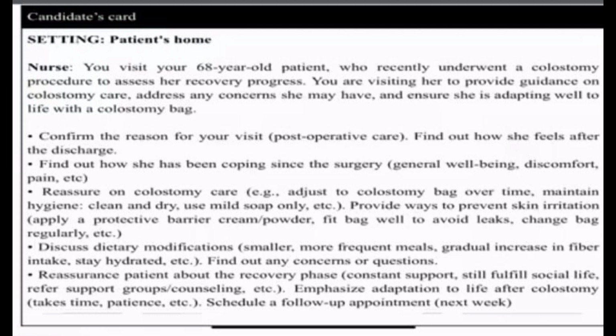Now I will tell you regarding the first task: confirm the reason for your visit, that is post-operative care, and find out how she feels about the discharge. Friends, before this, in a known case, we have to ask the name of the patient, and please write it on one side of the paper so that it will help you during your role play.